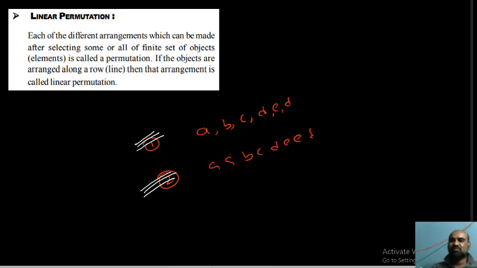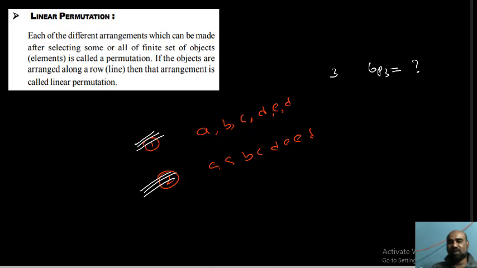In the first case, from these 6 elements, selecting 3 and arranging 3 is symbolically written as 6P3. How many ways you can select and how many ways you can arrange is a different task.